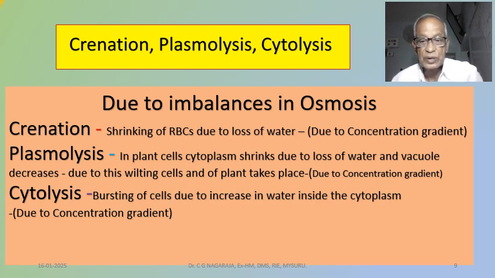In that condition, the cell shrinks in size. That means the cytoplasm becomes less and less, and it starts shrinking. And this type of shrinking of cytoplasm, where even the vacuole becomes smaller, is known as wilting. So the cells may wilt, and then the leaves may wilt.